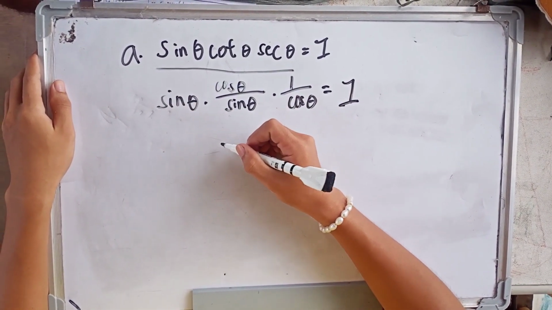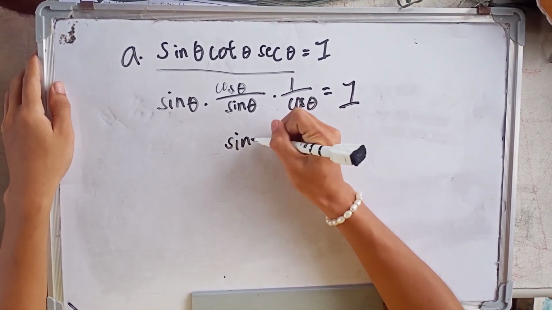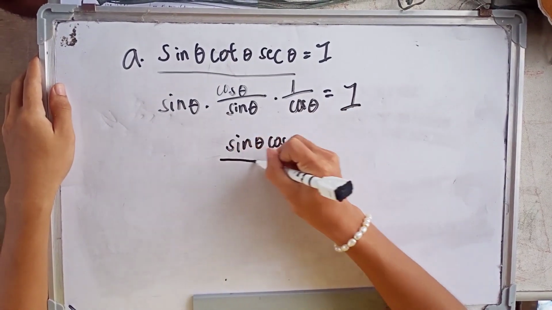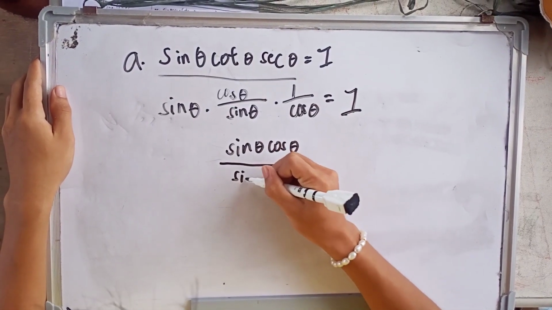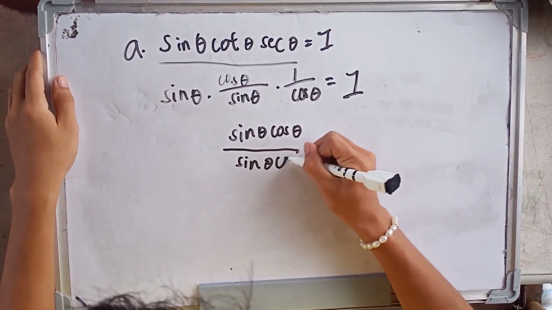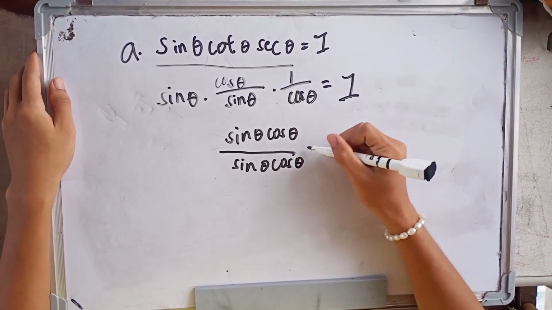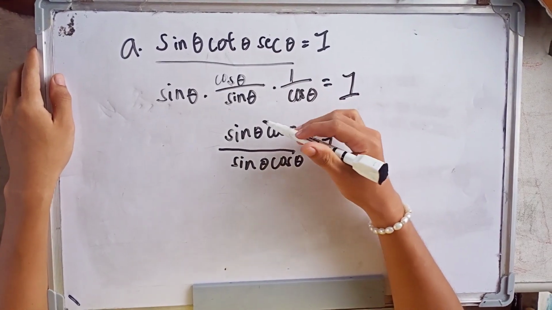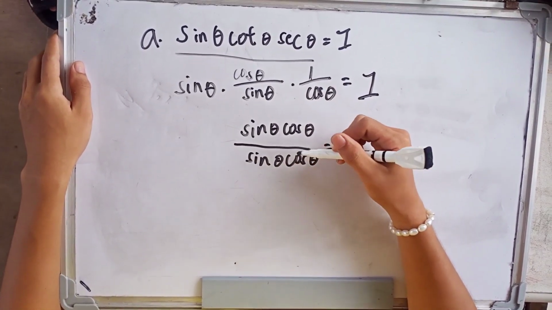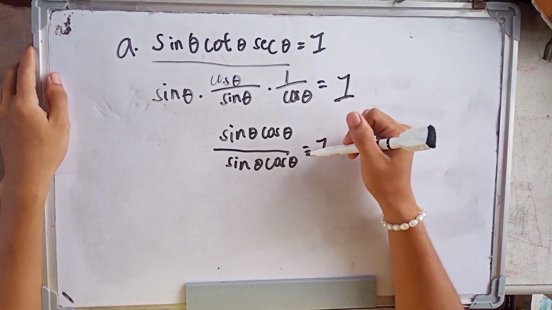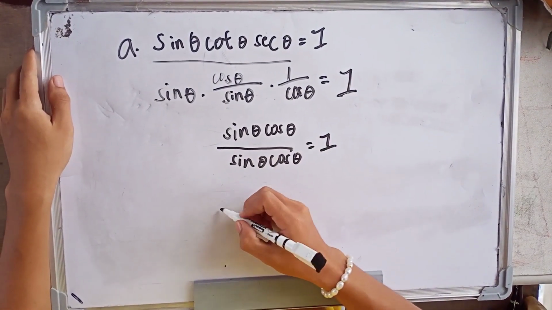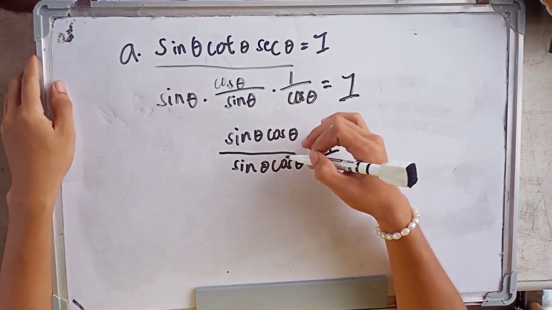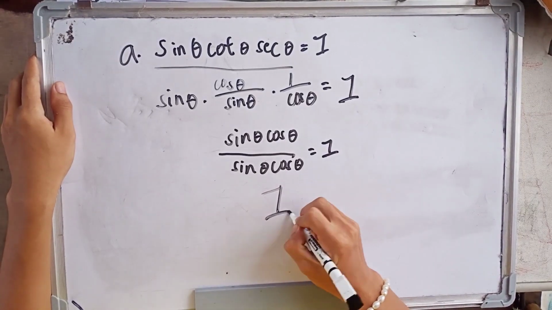Step 2, multiplying fractions. After multiplying the fractions, the result is sine theta cosine theta over sine theta cosine theta. And simplifying the fraction, sine theta cosine theta divided by sine theta cosine theta is equal to 1.